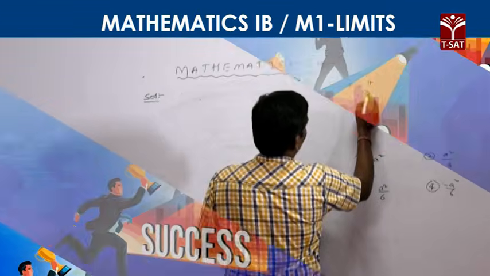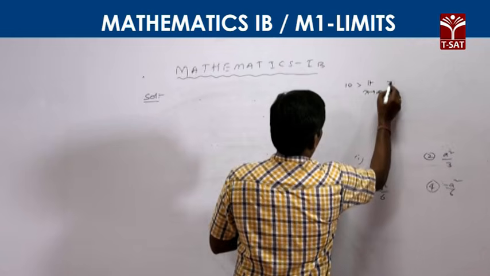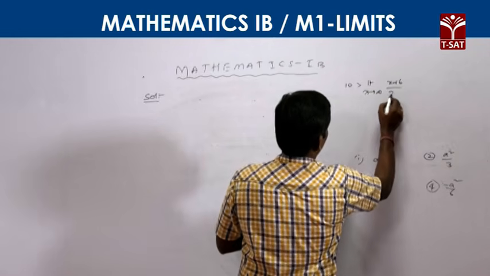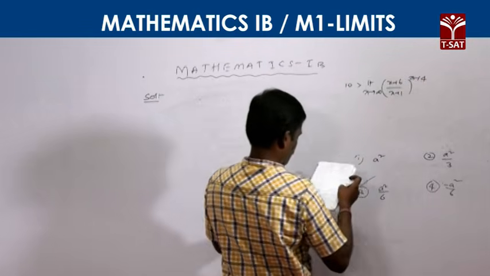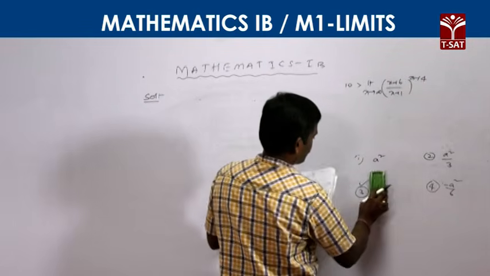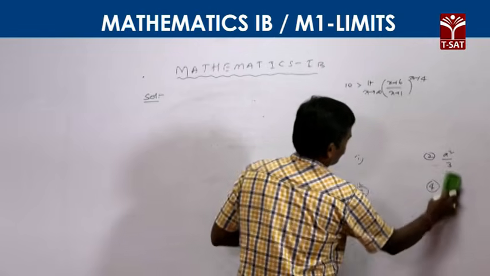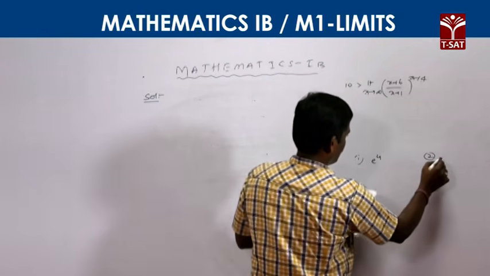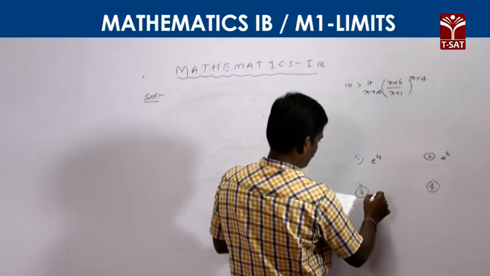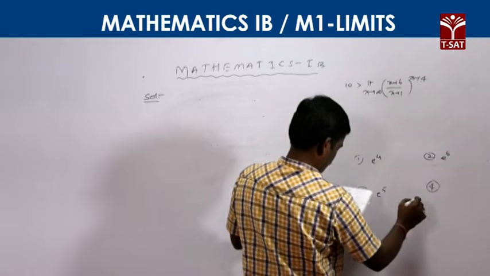Limit x tends to infinity, x plus 6 by x plus 1 power x plus 4. Answer is e power 4, e power 6, e power 5, or e.